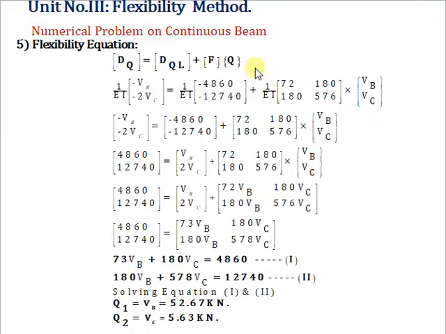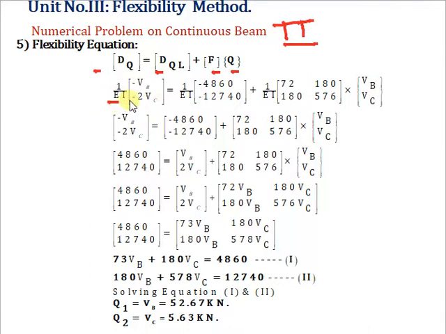Now the second part of the problem. Let's form the compatibility equation or flexibility equation: DQ is equal to DQL plus F into Q. Now we know the values, so put them here.